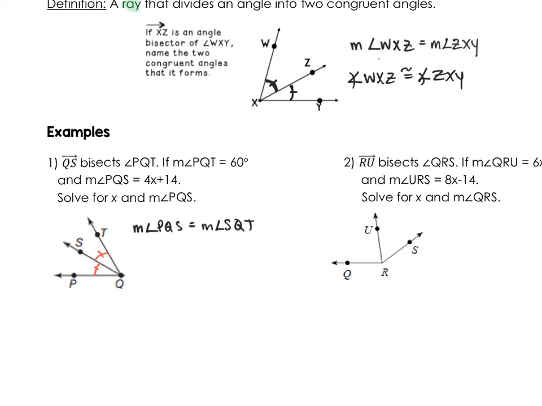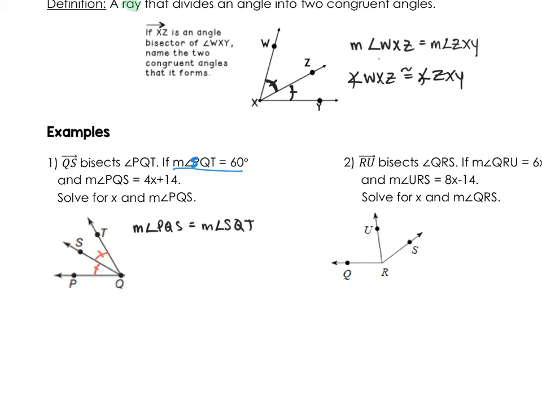So now I go back to my given information. Let's see what we got. We know angle PQT is 60 degrees. So that's this whole angle. I think that's a typo. That's totally a typo. I meant angle SQT. Yeah. Fix that in your notes.